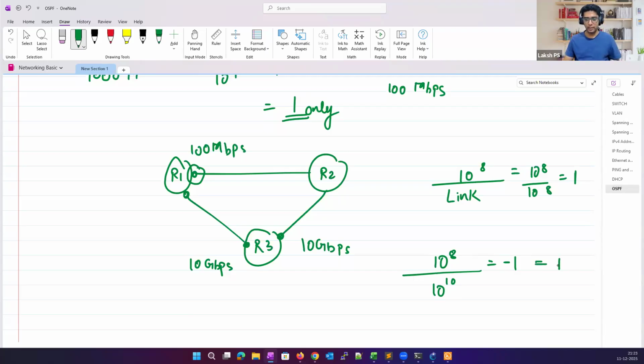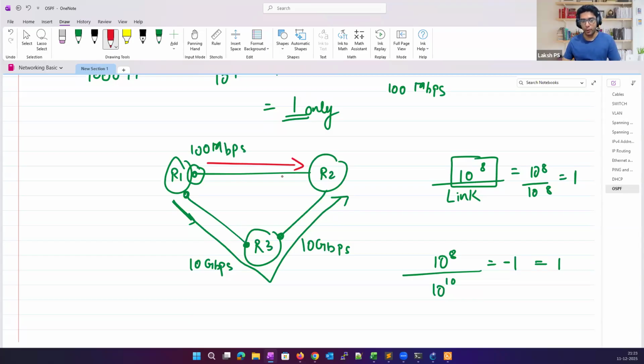So the thing is, though the link from R1 to R3 is faster, based on the limitation of the calculation that OSPF has with respect to the reference bandwidth, the shortest path for R1 is still the slower direct path.